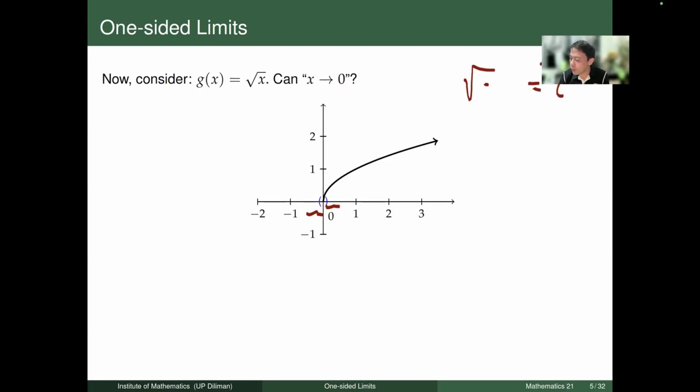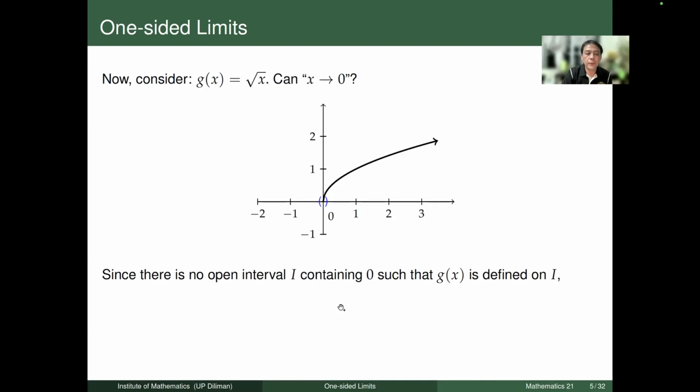Okay. So we say then that there is no open interval containing 0 such that g of x is defined on that interval. So we cannot let x approach 0 from both sides.